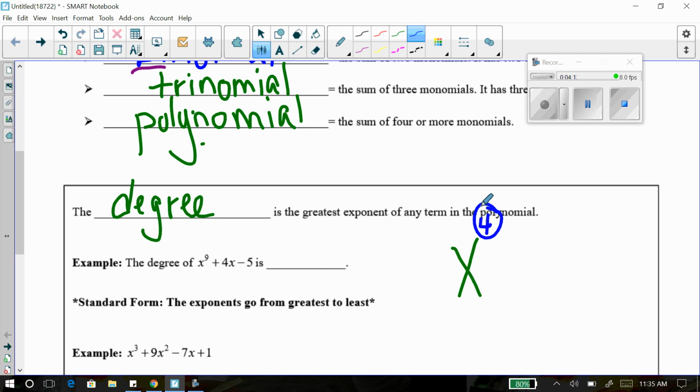So go ahead and type degree on the line there. So for example, the degree of x to the 9 plus 4x minus 5: well, the biggest exponent I see is a 9. If there's nothing there, remember there's an exponent of 1. And 5 doesn't even have a letter with it, so there's no exponent. So 9, this is a ninth degree polynomial. Go ahead and on that line, type a 9.